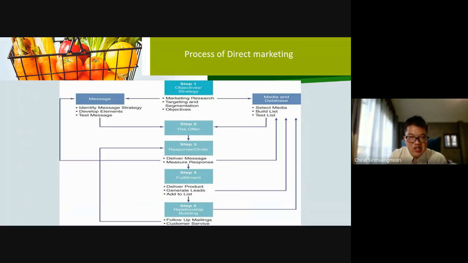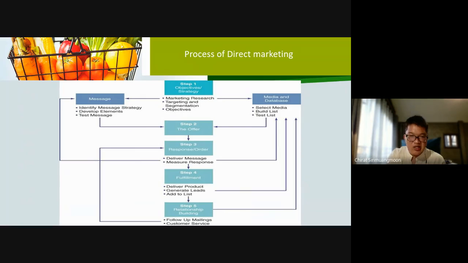After you have the message, you send the offer to the consumers. Then comes the response and order. In this step, you deliver the message and measure the response, like showing the ads and seeing how consumers watch the ads. This is response measurement.